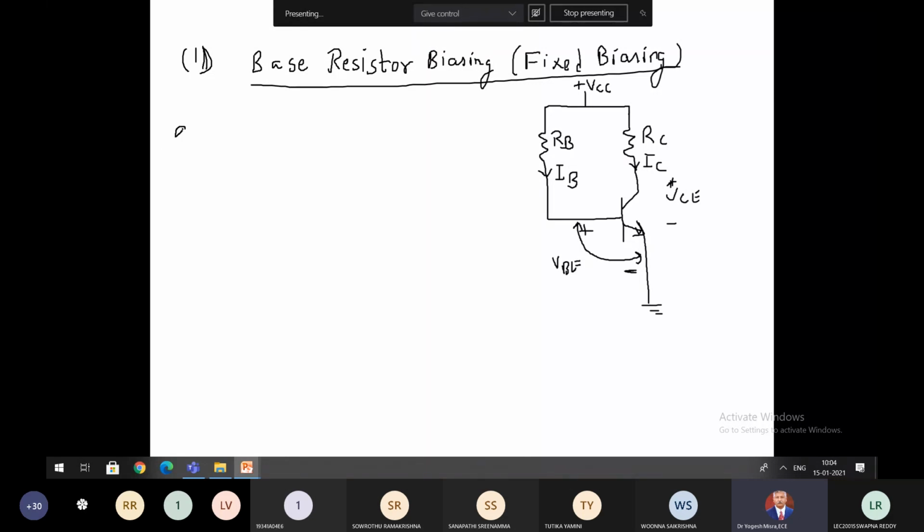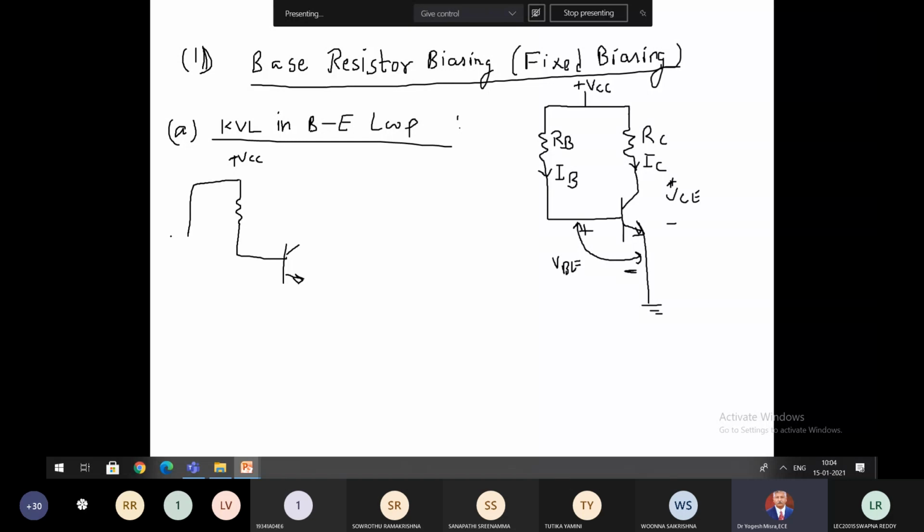Okay, now what we will do, we will apply KVL in base and emitter loop. Right, base and emitter. So how base and emitter loop will look like? It looks like this. This is plus VCC, right? This is your VCC.